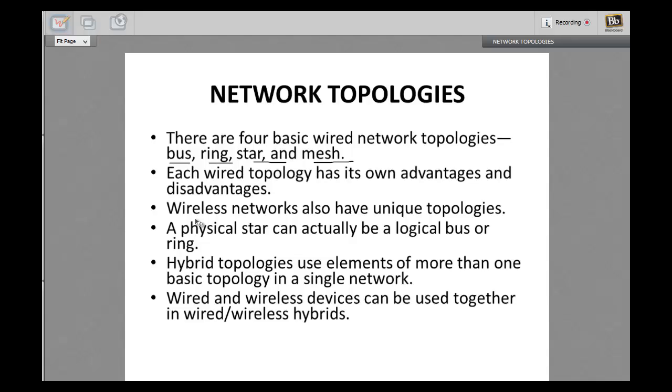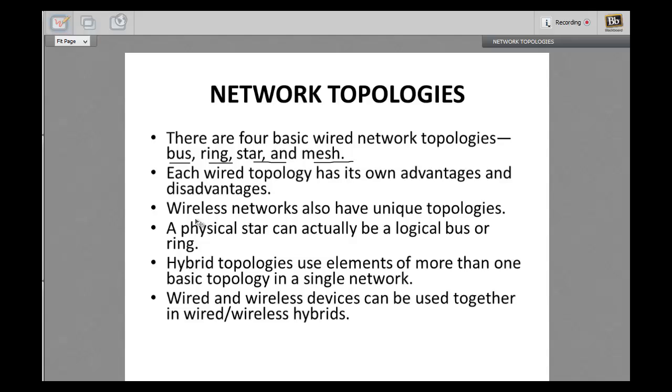These are used in the wired category, and we can divide topologies into wired and wireless. What is common is that you should know the shape of each one and its advantages and disadvantages. And I will tell you that the advantages and disadvantages come directly as a result of the shape.